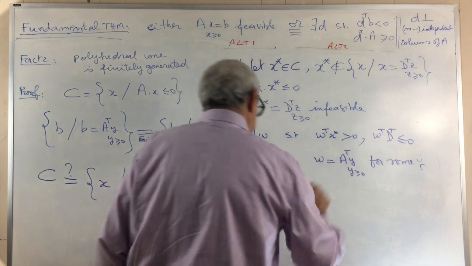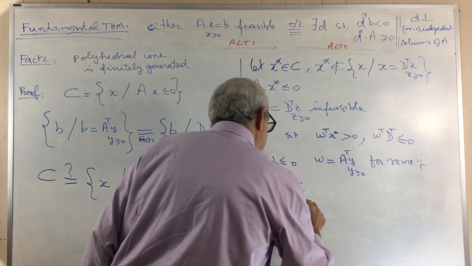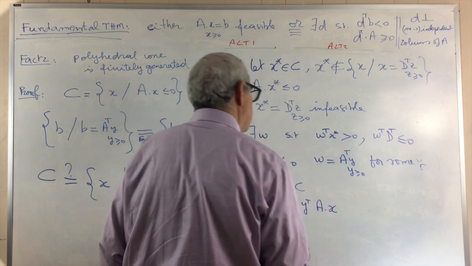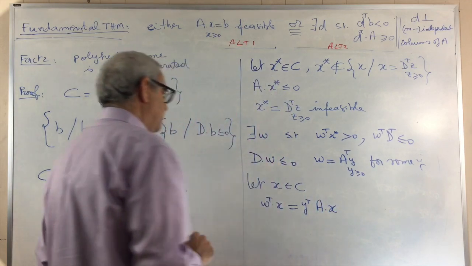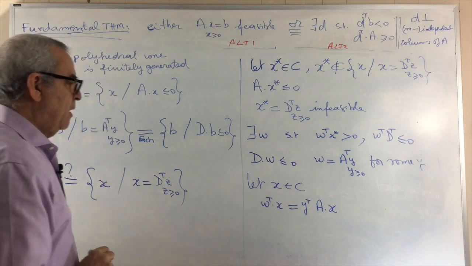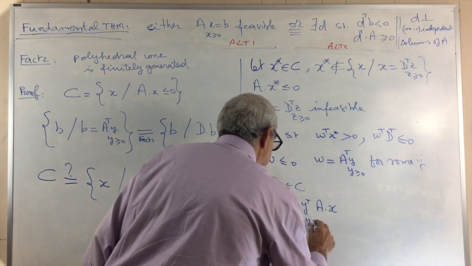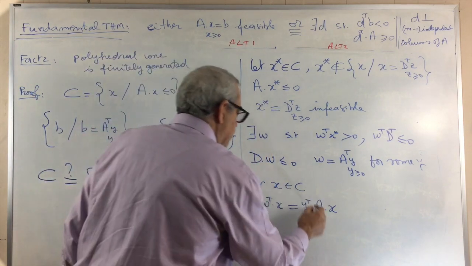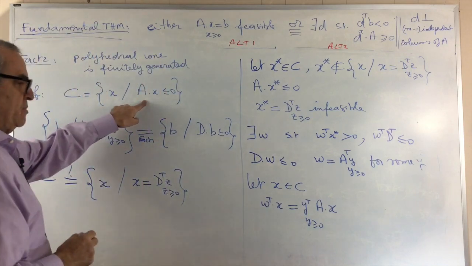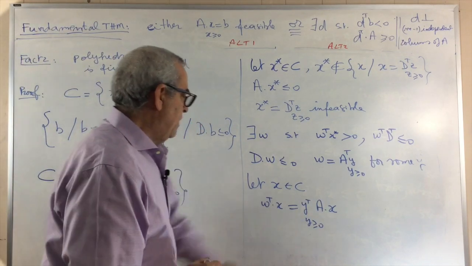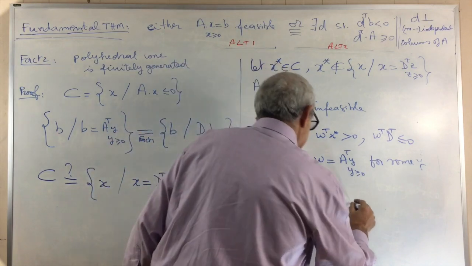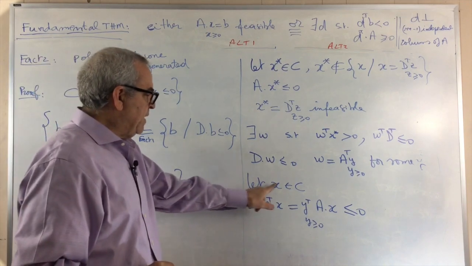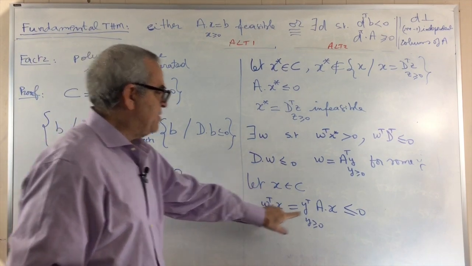That's equal to, from here, y transpose A dot x, for some y greater or equal to 0. Now x in C, this is negative, right? A dot x is less or equal to 0. And y greater or equal to 0, therefore the whole thing is less or equal to 0. So we showed that for every x in C, w transpose x is less or equal to 0.